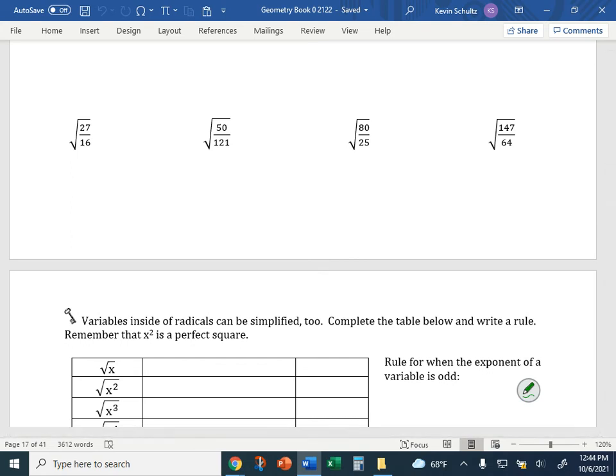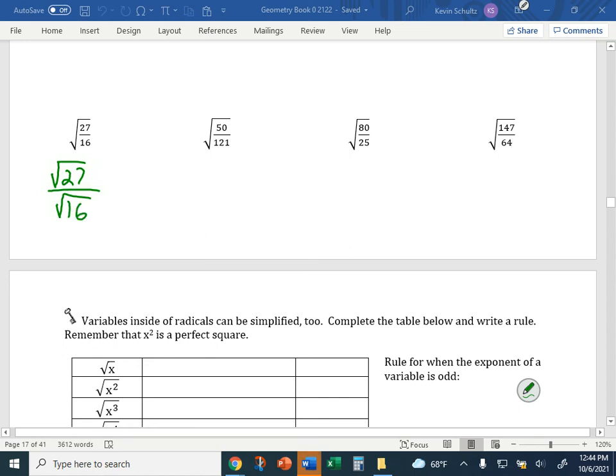You are quiet. Who can remind me how we handle fractions? Who remembers all the way back to fractions? Sydney? Yeah, the nice thing about fractions, it seems like simplifying these roots would be a lot more complicated because fractions usually make everything more complicated. But remember, you can write this as the root of the numerator over the root of the denominator and treat them separately.